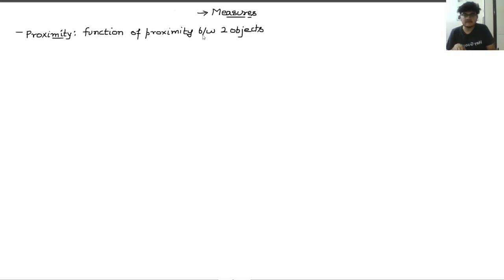So this is a function of proximity between two objects to determine similarity and dissimilarity.